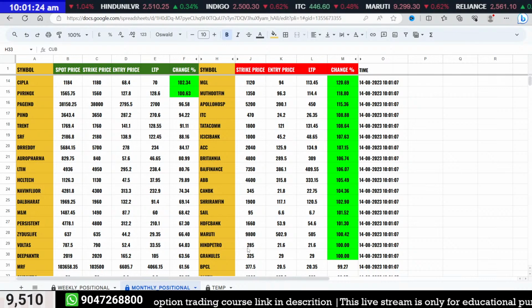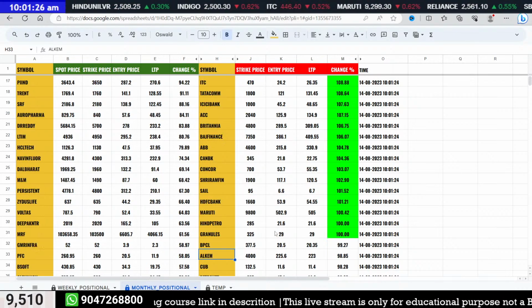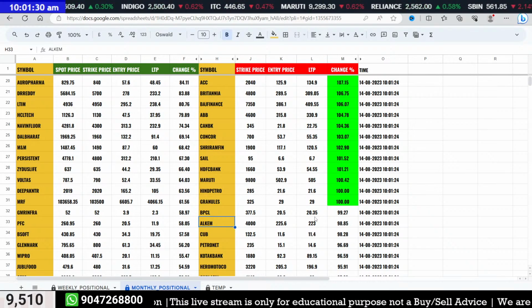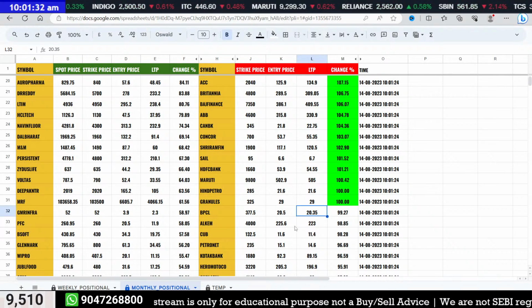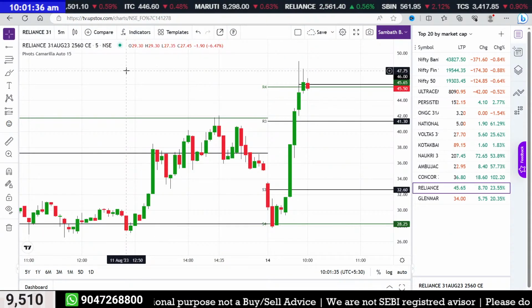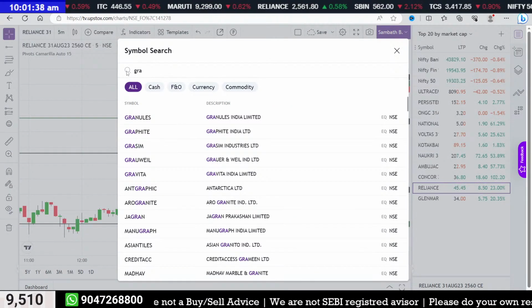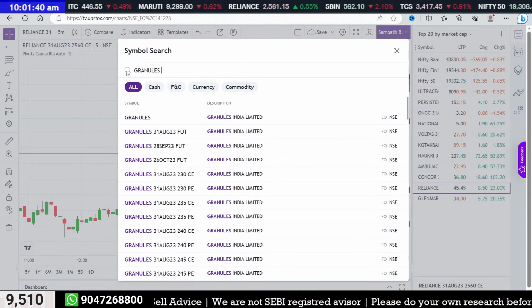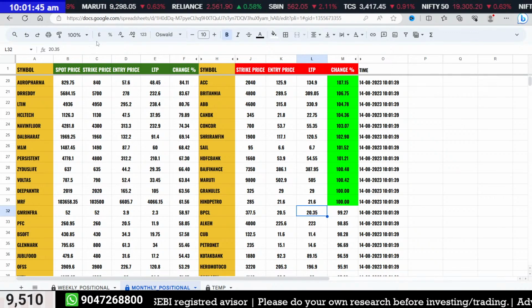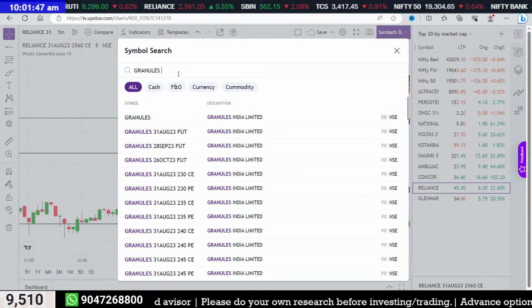Look at this: Hindu Petro, HDFC Bank which triggered today, and we are waiting for Kotak Bank. BPCL is nearby, I think BPCL is not taking the trade, it was not updating the price. Granules triggered at 325, monthly positional. As a student attending our advanced option strategy, you know well the monthly positional Granules 3 to 5 put option.